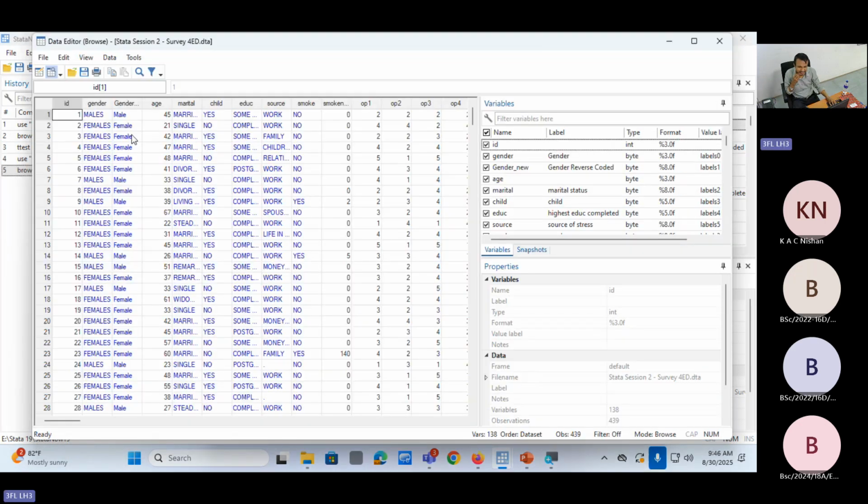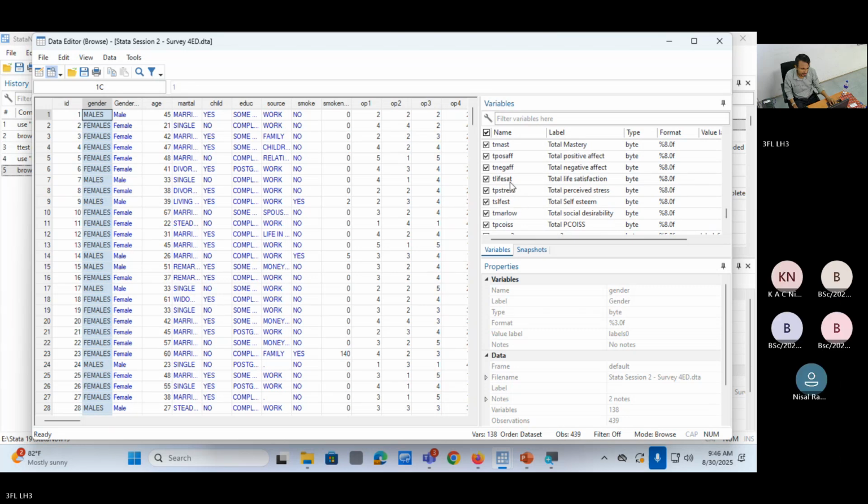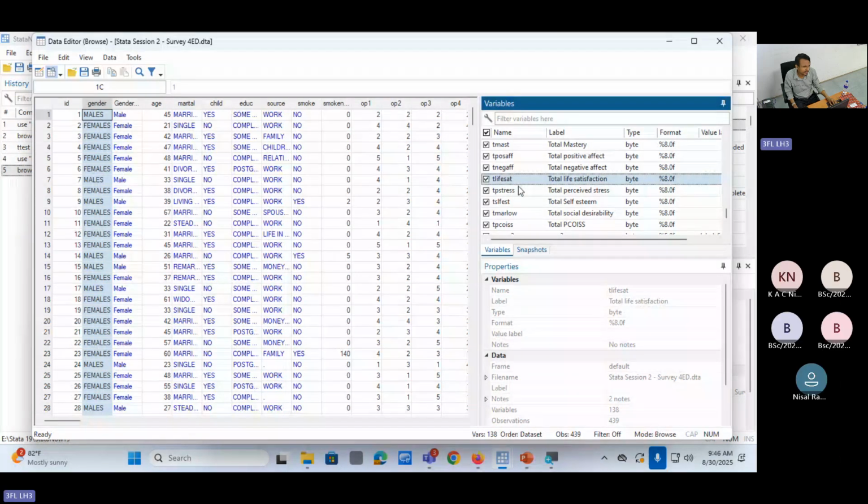You can see there's a gender variable and the total life satisfaction rate.